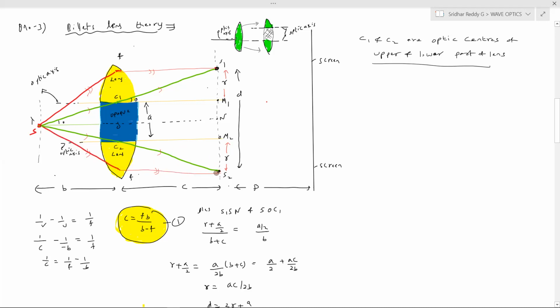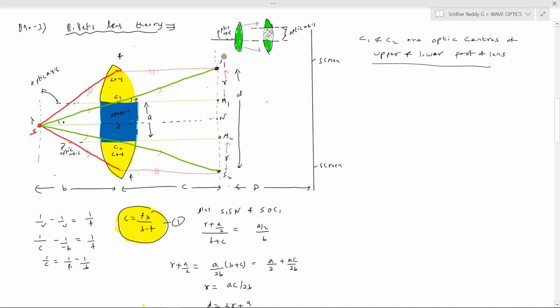S2 is the image formed by the lower part of the lens for the luminous point object S.